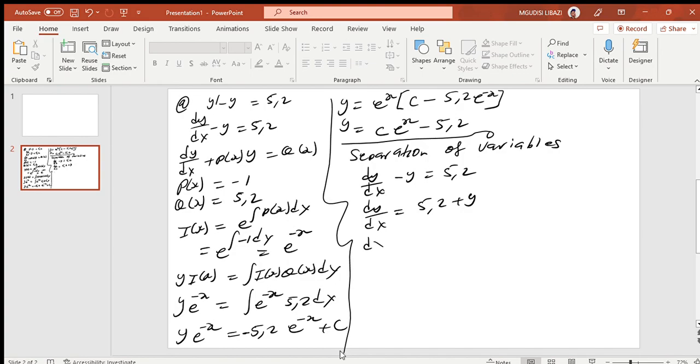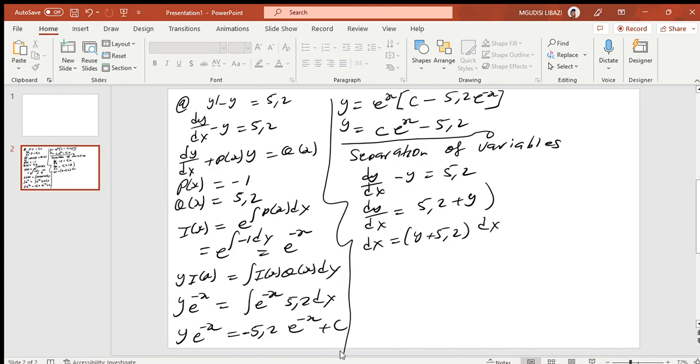When we multiply by dx on both sides, on the left hand side we are left with dy, and on the right hand side we'll be left with y plus 5.2 multiplied by dx.